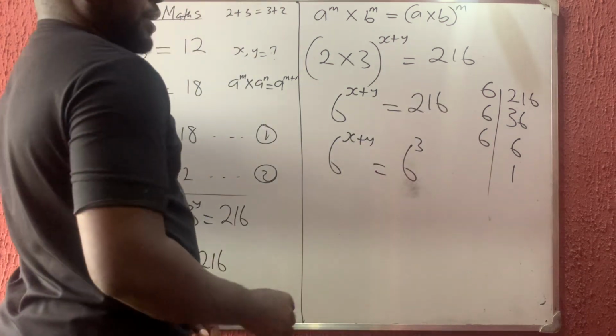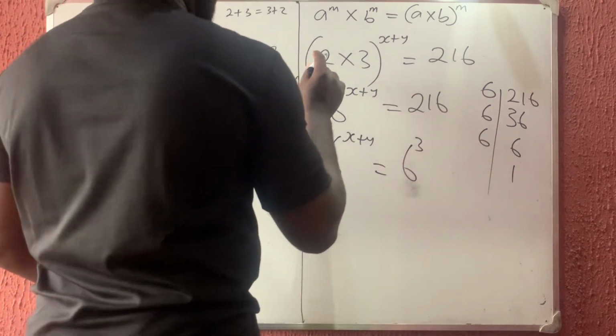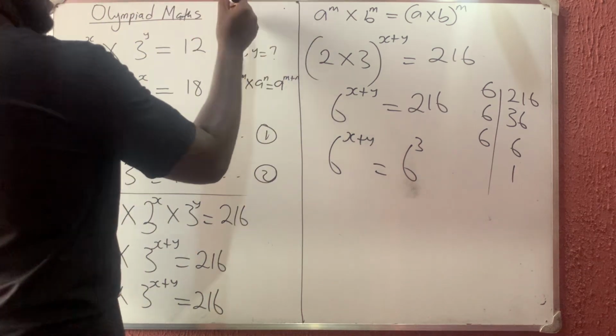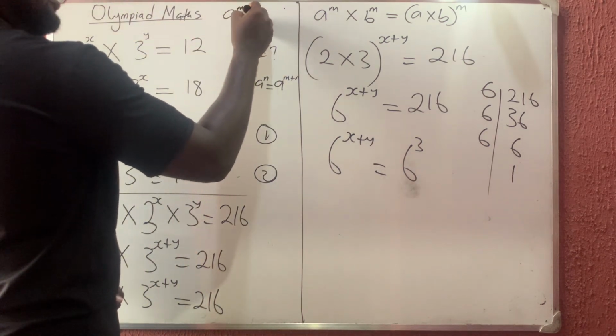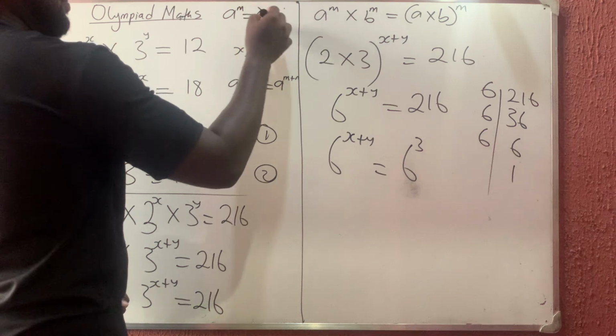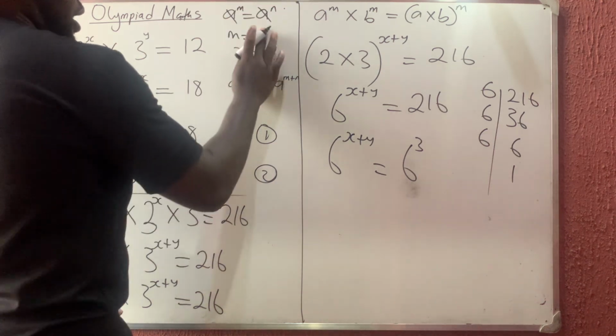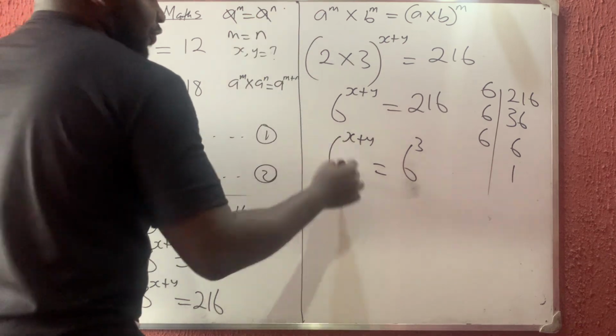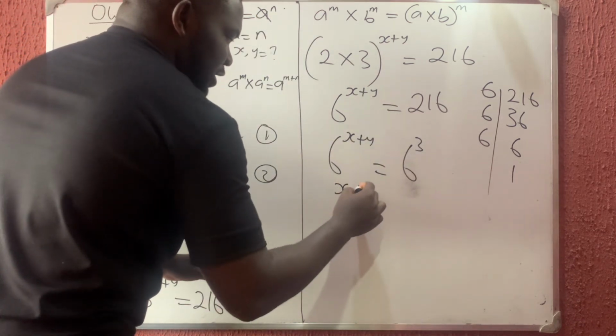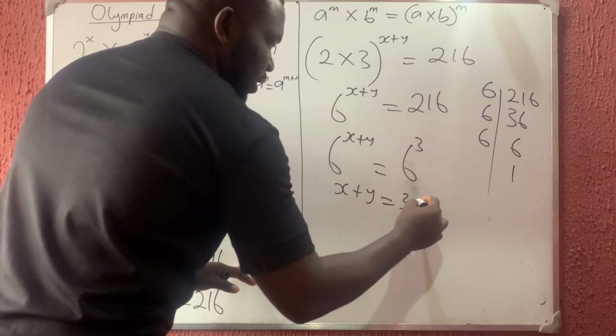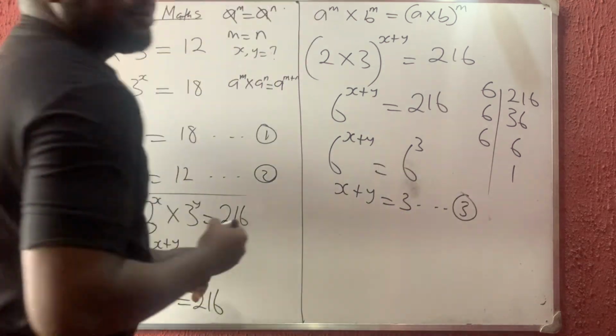Now according to indices again, if you have a raised to power m is equal to a raised to power n, the bases cancel each other, then the powers are the same, m is equal to n. So if the bases cancel out, I'm going to have x plus y is equal to 3. Let me call this equation 3.